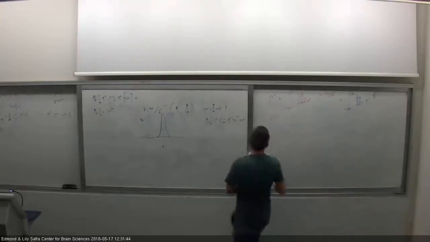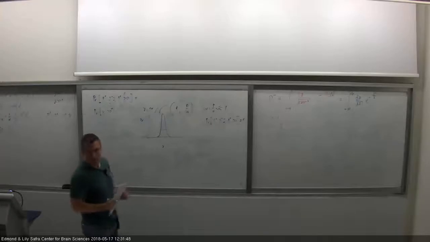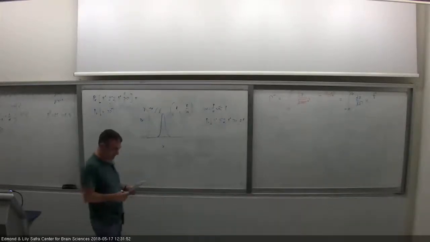So this is the probability of an error in a particular neuron for a particular memory pattern, let's say memory pattern 1.